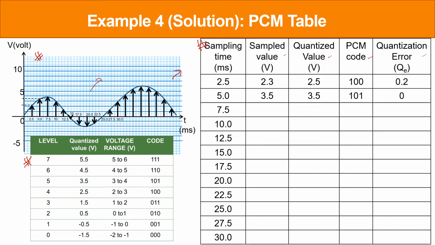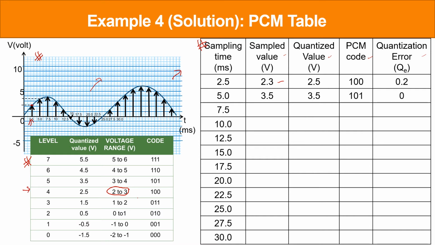So let's try 2.5 milliseconds, the first time sample. At 2.5 milliseconds, you can get the sample value here, which is 2.3 volt, and refer to the reference table. 2.3 volt belongs to this level, level 4.